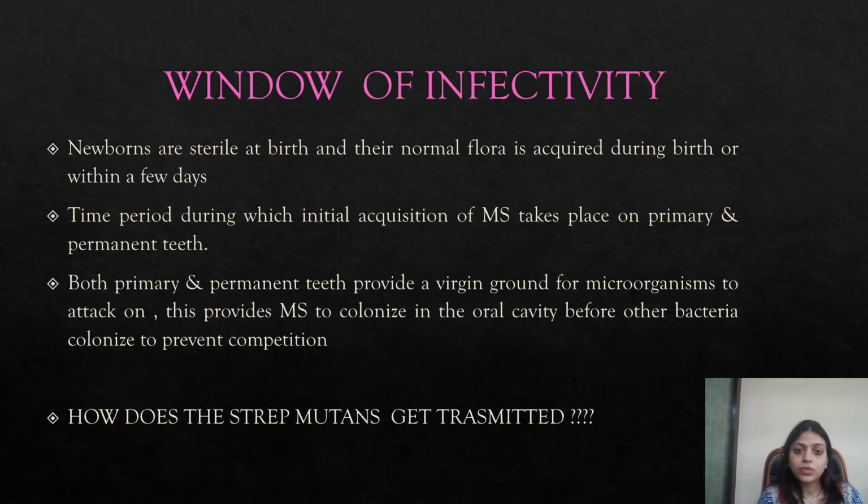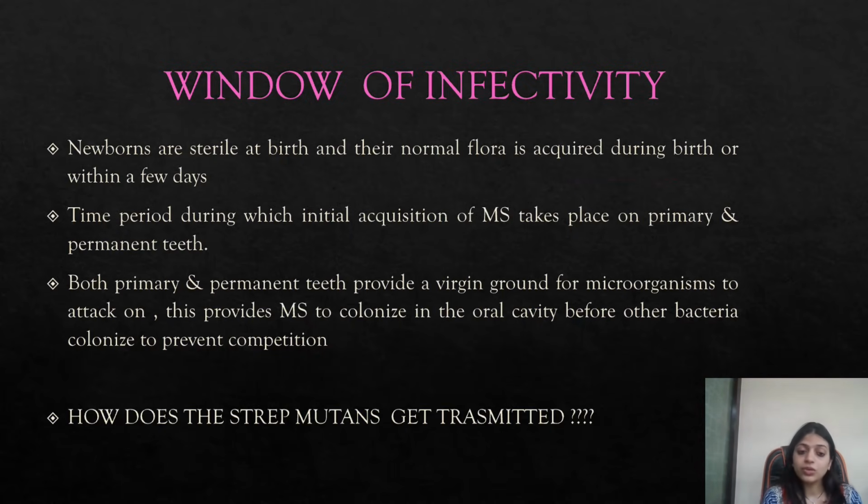Then comes the concept of window of infectivity. What is window of infectivity? The newborns, like I told, are sterile at birth, their mouth is sterile at birth, and their normal flora is being acquired during birth or within a few days. The time period during which this initial acquisition of mutant streptococci takes place on the primary and the permanent teeth is considered as the window of infectivity.